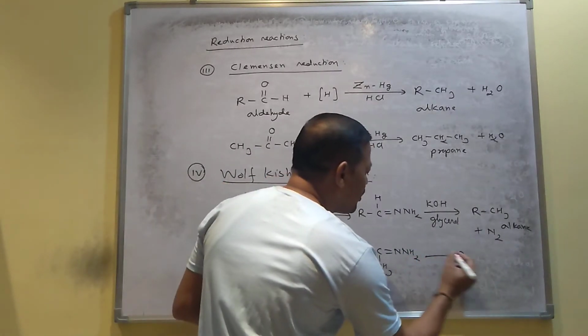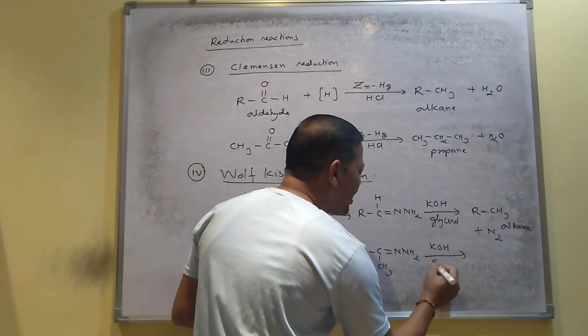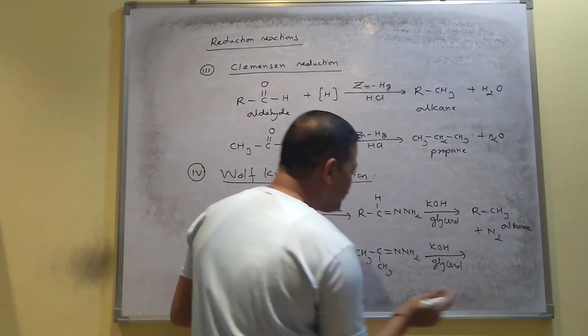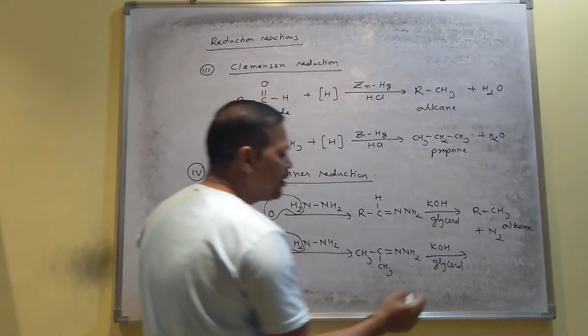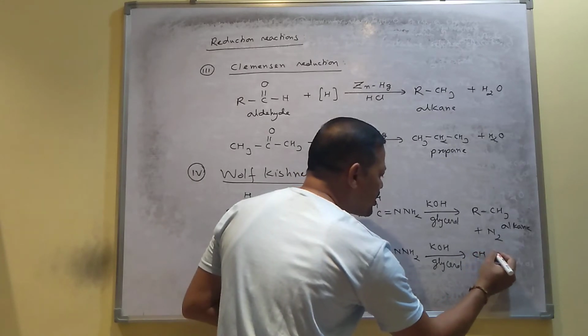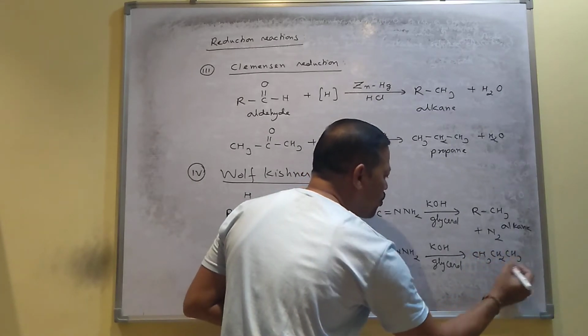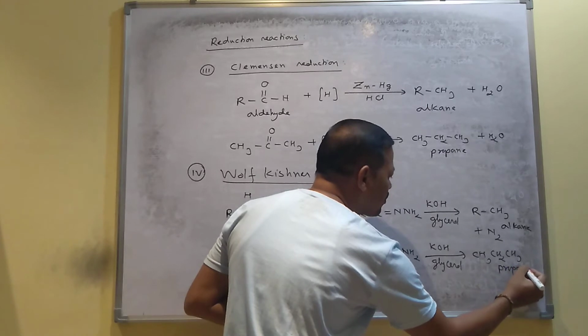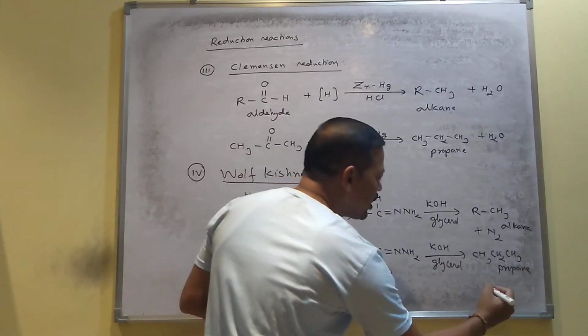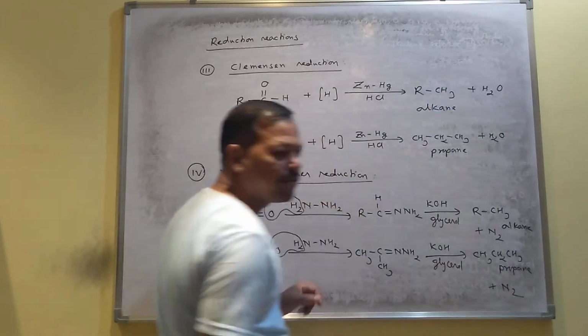If you apply potassium hydroxide and glycerol, this part will form one alkane. Ultimately you will get CH3 CH2 CH3, which is called propane, and nitrogen will be removed from it.